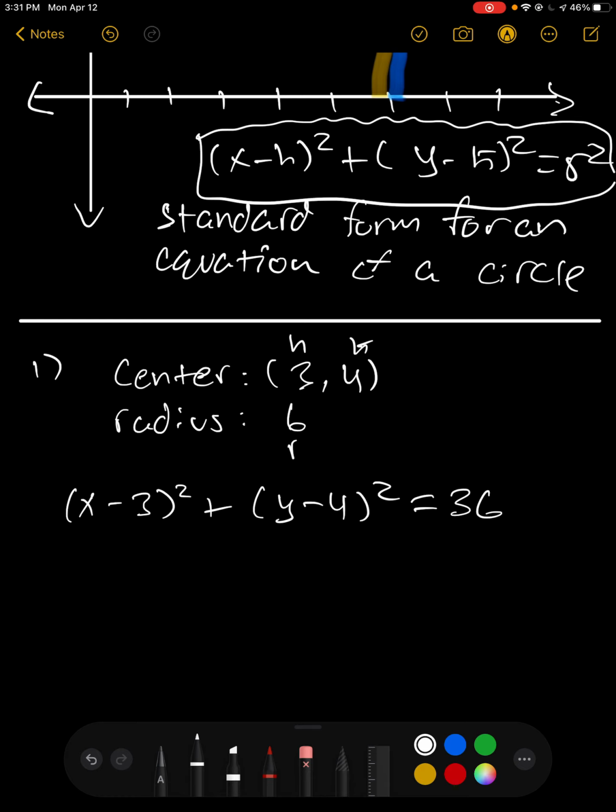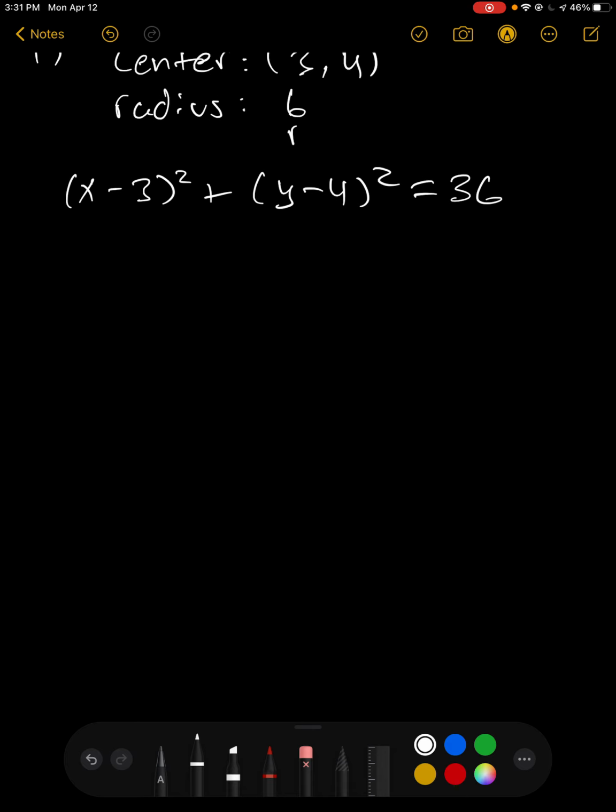So now let's look at a different example. So right now, you're not always going to be given the equation. Sometimes you're going to be given the circle and have to draw the equation. So right now we're given our axes, right?